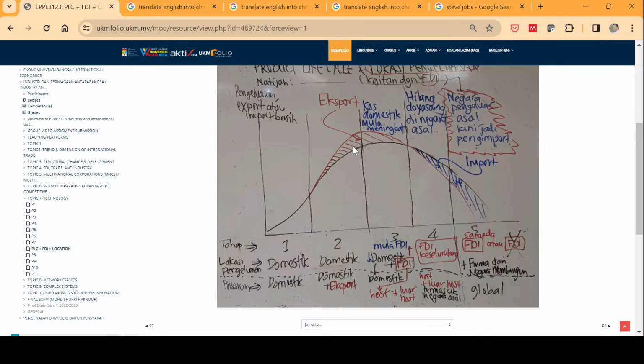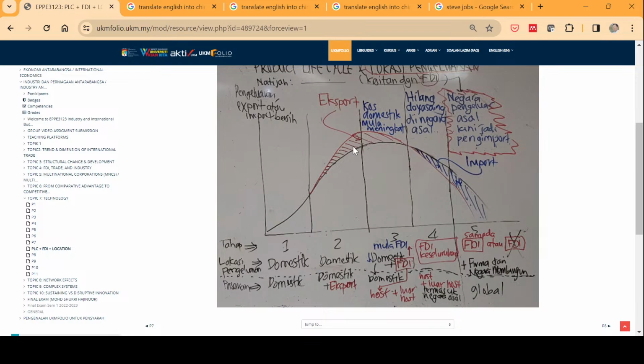And then come to stage 3, the cost of production in the US has now begun to increase. As a result, US companies are looking outside of the country for a place or places where the product can be produced at cheaper cost.